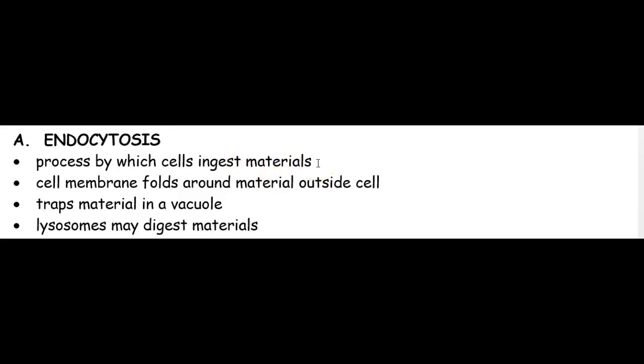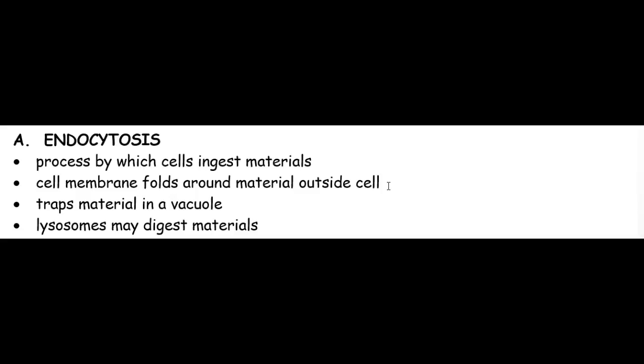We'll watch a video a little bit later to show this. It's really neat how this happens at the cellular level and at the molecular level. The cell membrane essentially folds around a material outside the cell and creates a vesicle. We've seen when we were studying the endomembrane system how that happens, right?